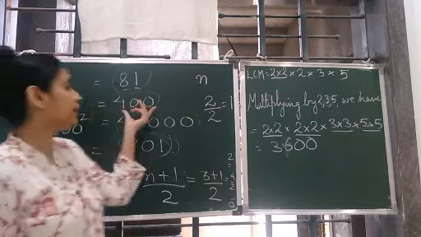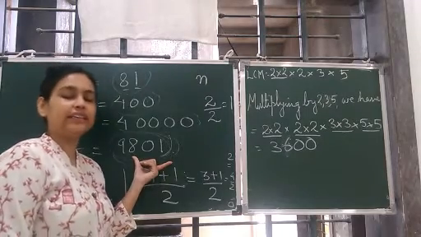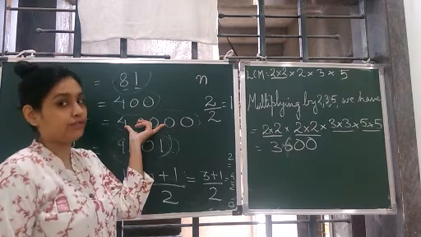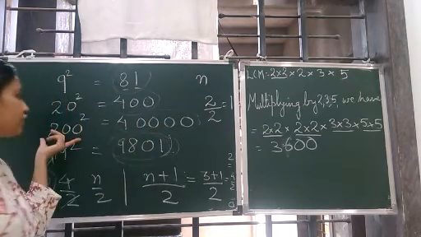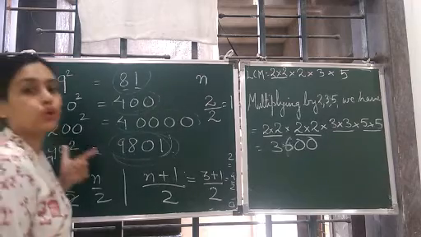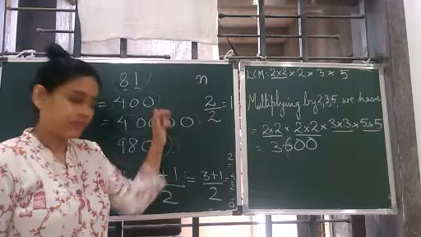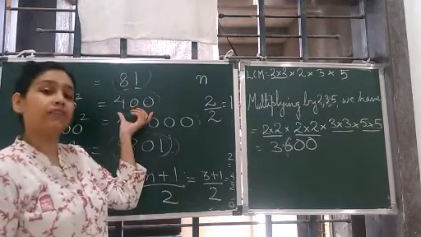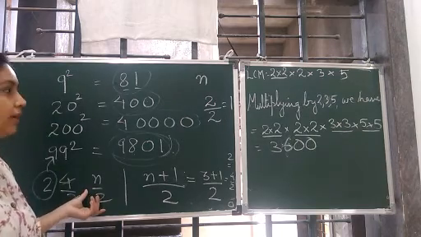So looking at the number of digits of a square number, you can make out how many digits its root will have. If the number of digits is odd, you do n plus 1 by 2. And if the number of digits is even, then you do only n by 2.